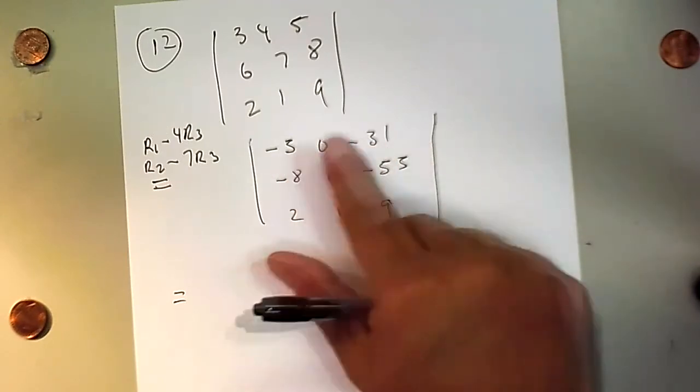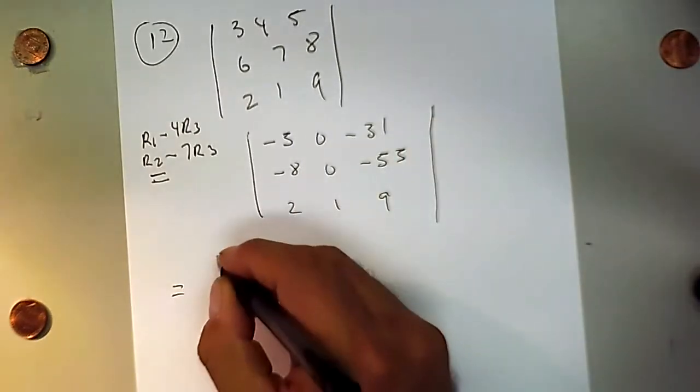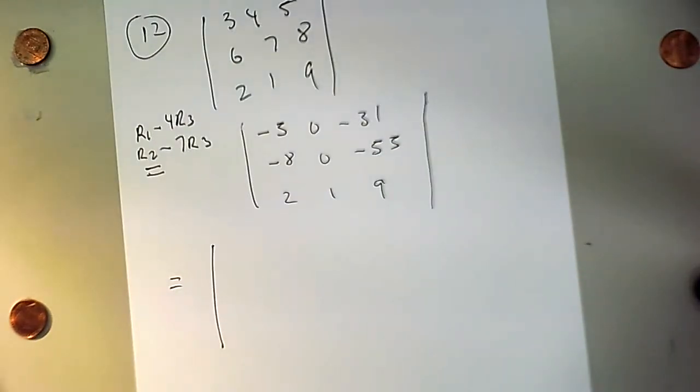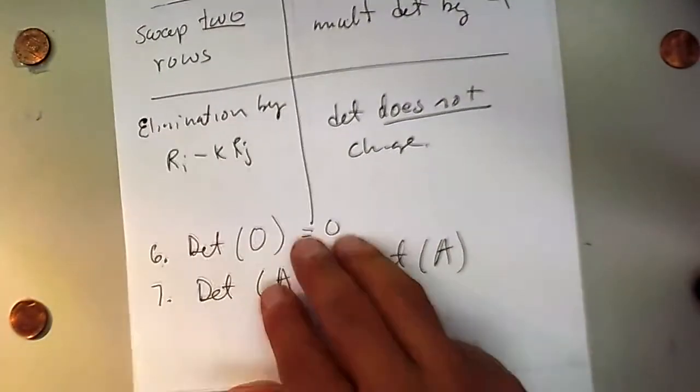The reason why I'm doing that is because if we change the rows into columns in the same order, the determinant is not going to be changed. That's what we just established in the last property, property number 7.